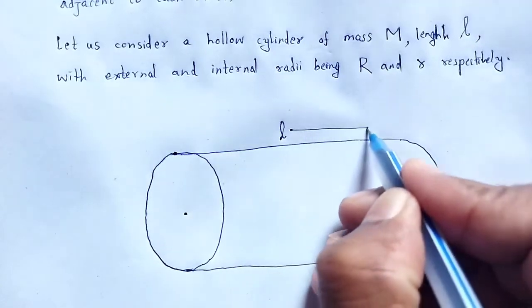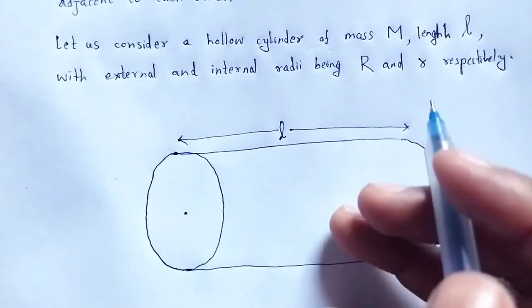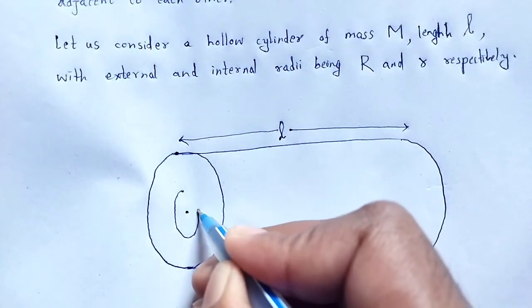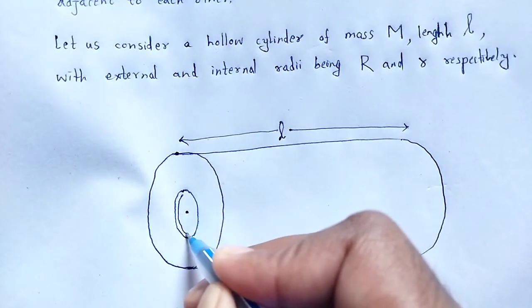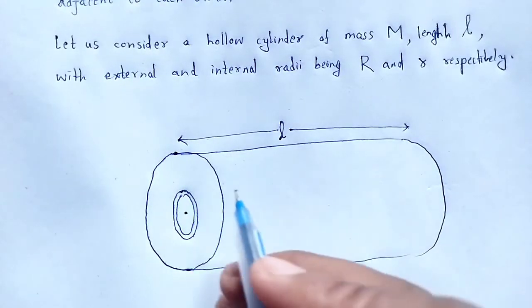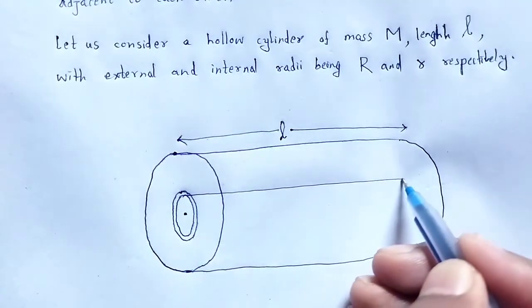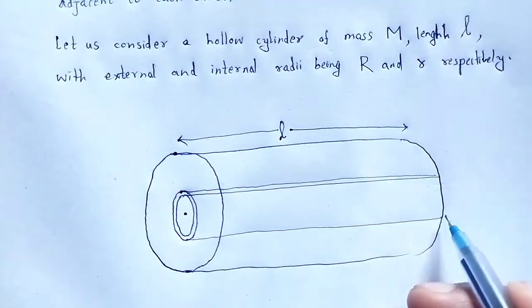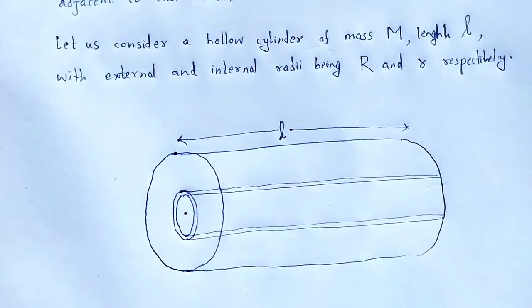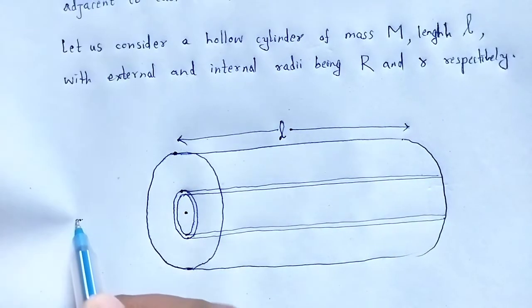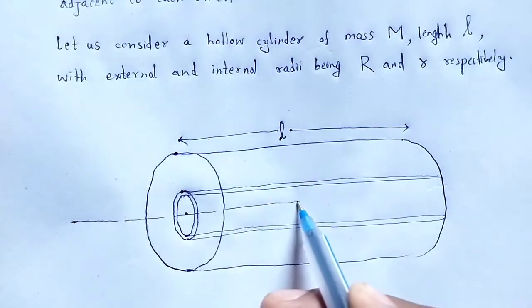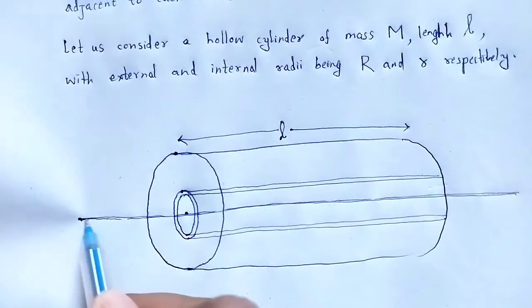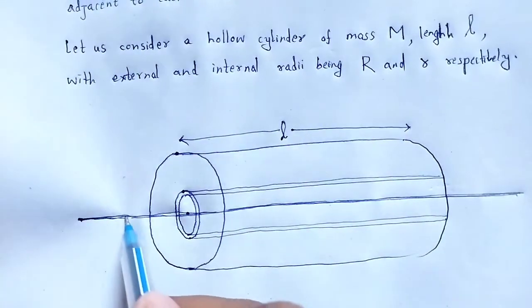The hollow cylinder of length L and mass m. That one is the axis, boldly I draw it.